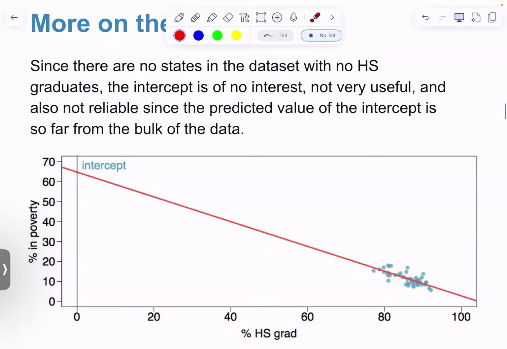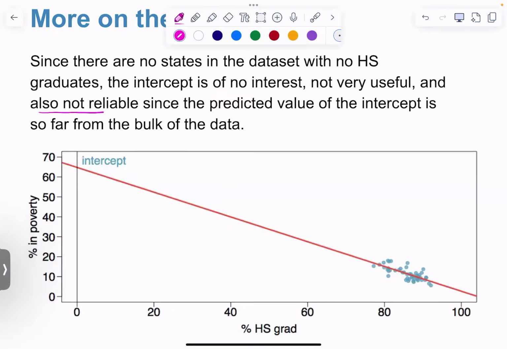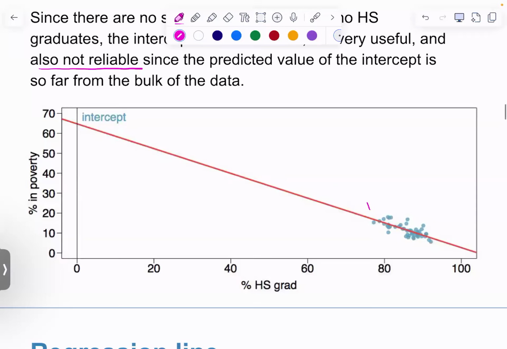And so what we find is that the intercept is really not of any interest, right? Because it's not very useful, because there are no states with 0% high school grads. It is also not reliable. And what we're going to find is that in this range that we used, and I use range.